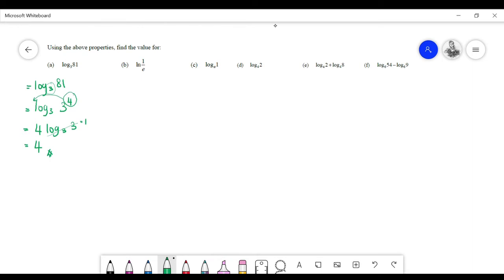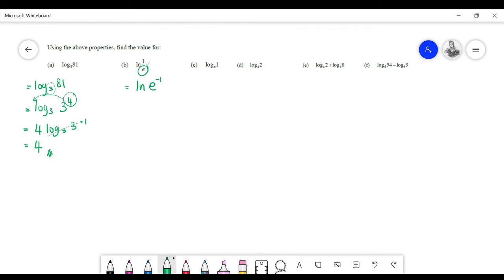So how about ln 1 over e? Remember, ln is usually used with the variable e. How to do? First of all, bring this variable e to the upper side, to the numerator, so it can be ln e with the power of -1.